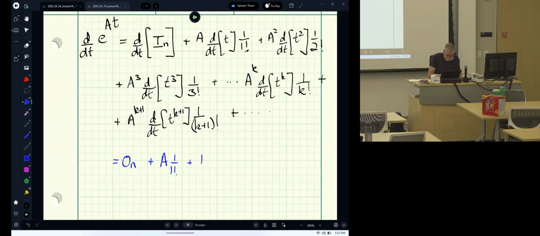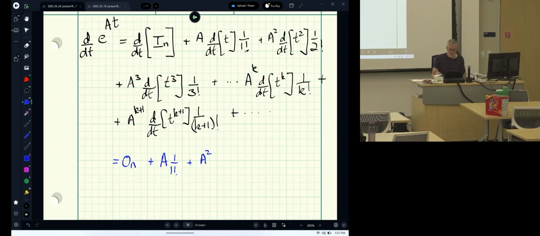Now, I've got A squared here. What do I get when I differentiate t squared? 2t, right? Now, that 2 comes down. What do I get if I cancel that with the 2 factorial? What's left over? 1 factorial. Yep.